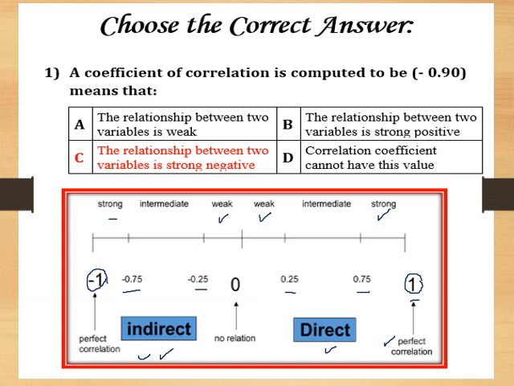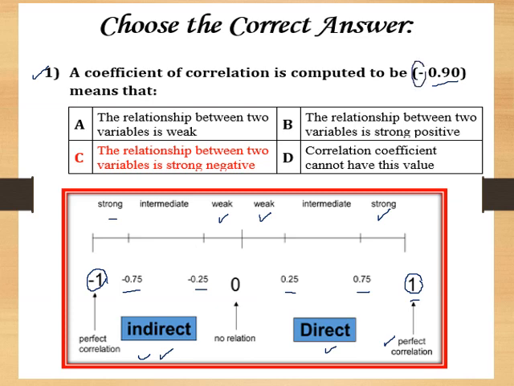So in this example, the correlation coefficient is equal to negative 0.19.